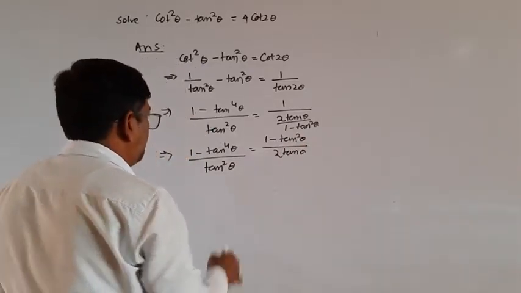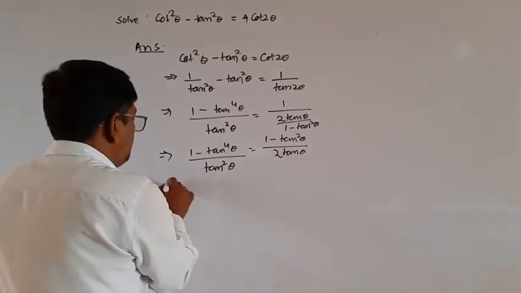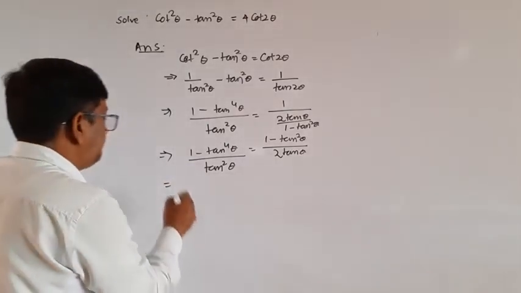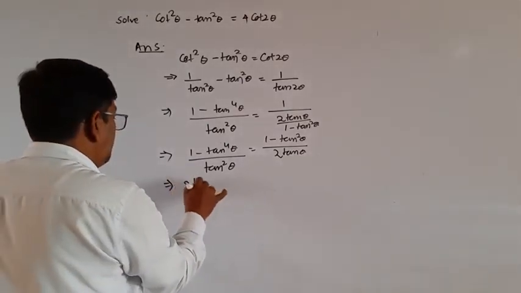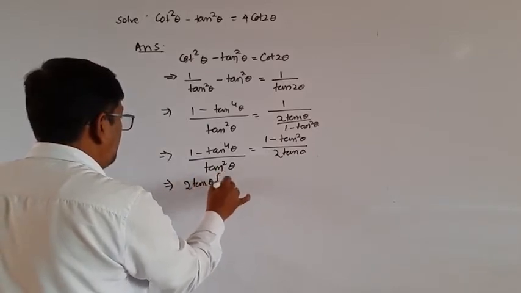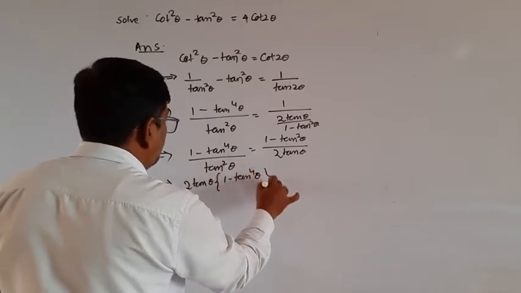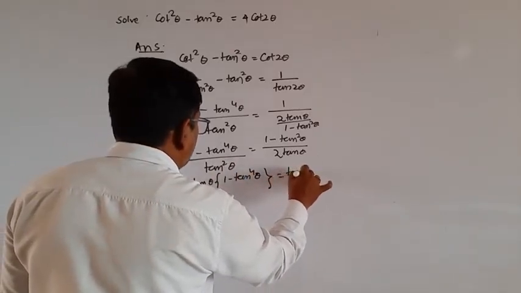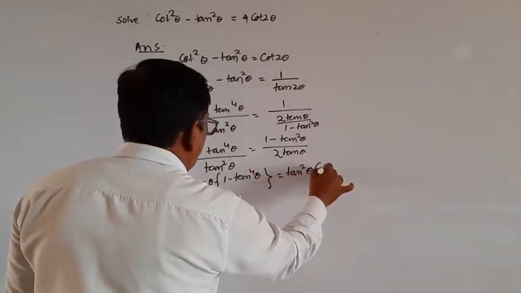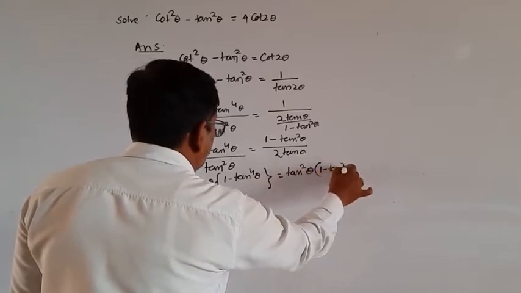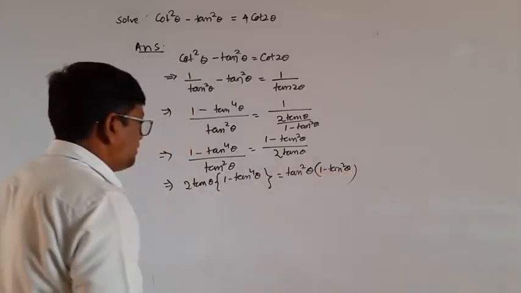Now this is equal to what? This implies 2 tan theta into (1 minus tan 4 theta) is equal to tan square theta into (1 minus tan square theta).